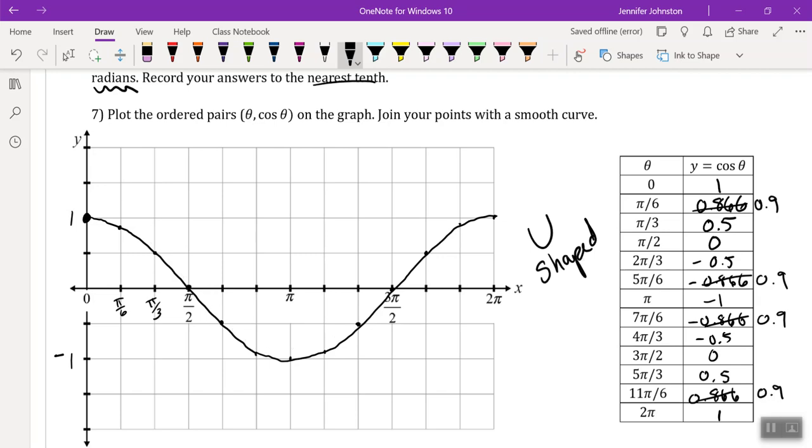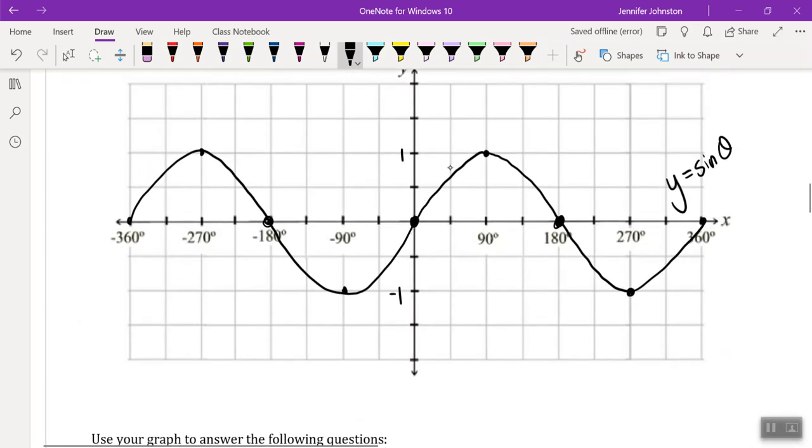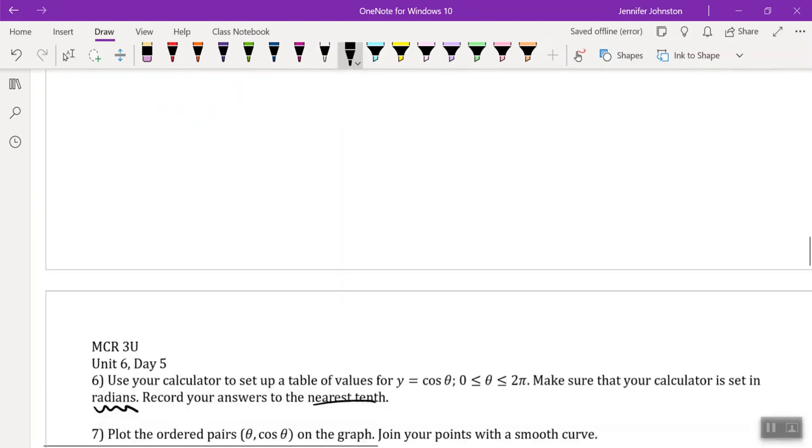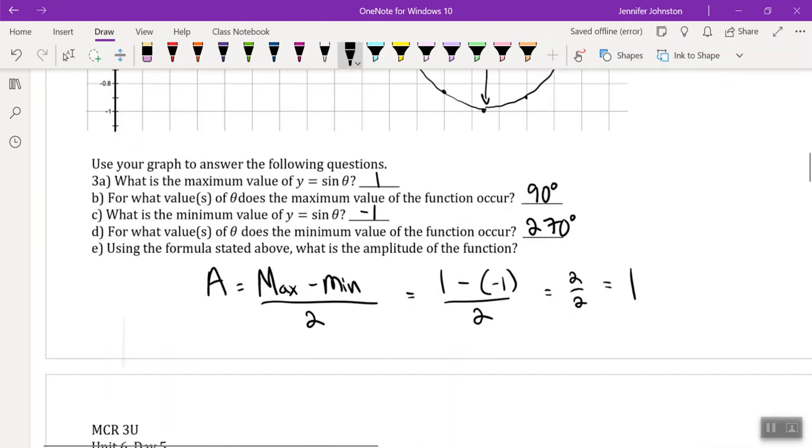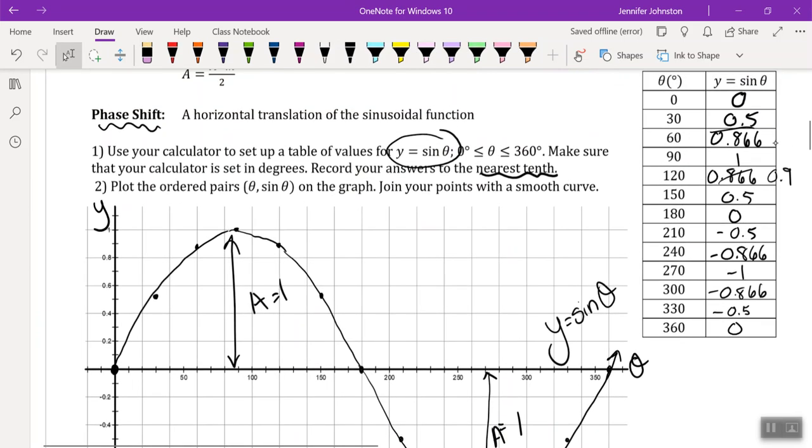It's actually very similar to the sine function, but I like to think of it as U-shaped. And what about this one? This one looks almost like a sideways S-shape. If you look from 0 and on, that one looks U-shaped. Again, you can go change these to just 0.9 if you like.